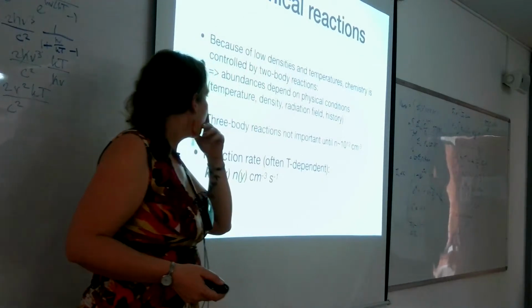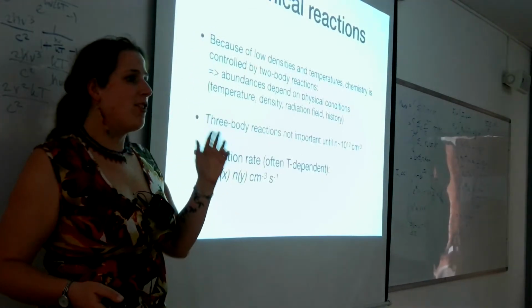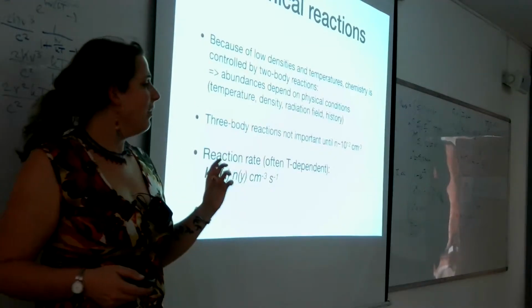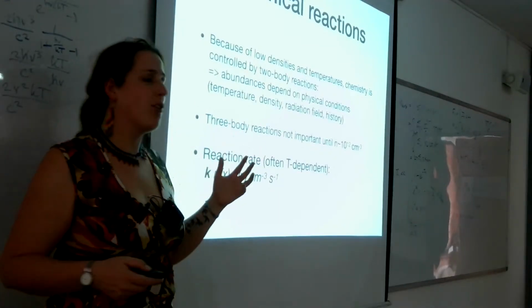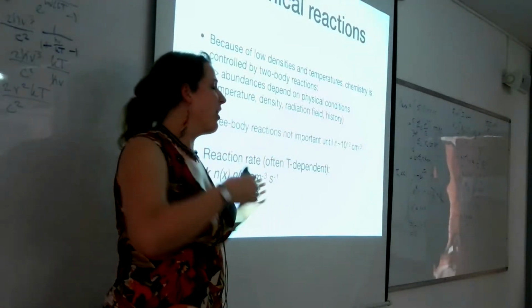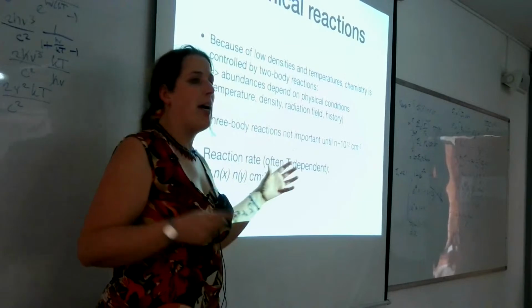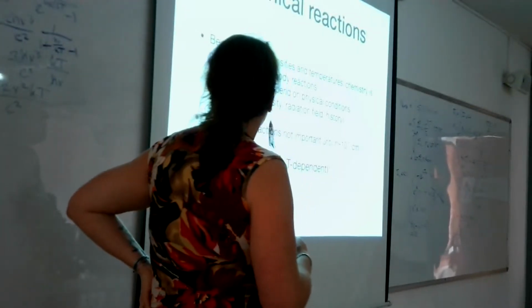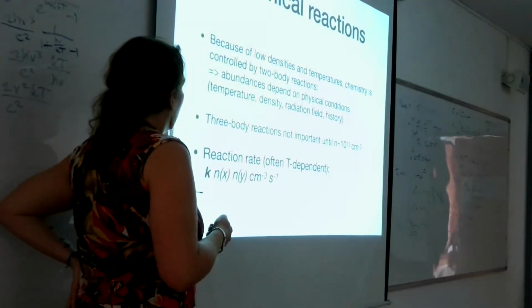So remember, in disks we have densities up to like 10 to the 8, 10 to the 9 in the midplane, and in clouds it's like 10 to the 4. Three-body reactions, so three molecules colliding with each other at the same time, don't really happen until you get much denser. So we only consider two-body chemical reactions.